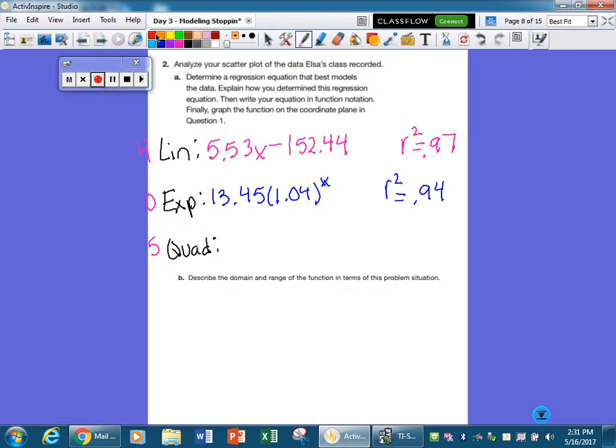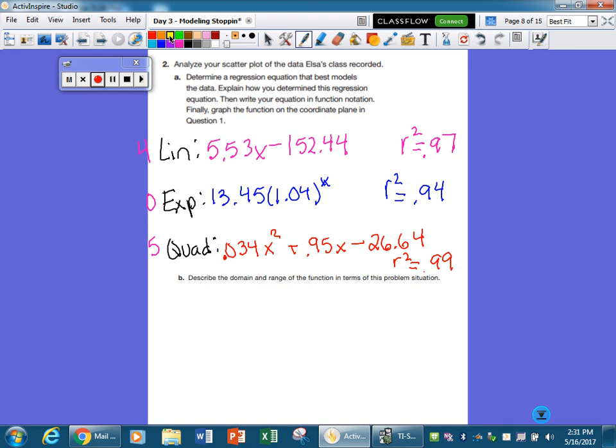So I'm going to write that down. So we're going to do 0.034x squared plus 0.95x minus 26.64. And my r squared is 0.99.